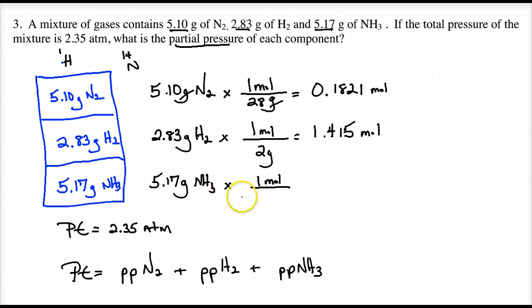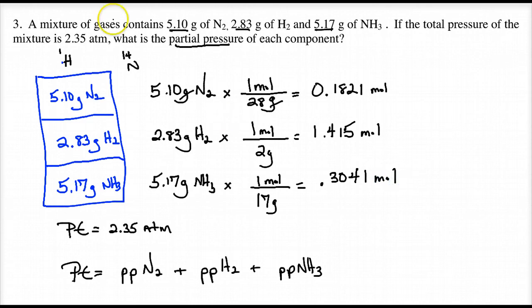Each one is 1, so 14 plus 3 is 17 grams per mole. So 5.17 divided by 17, and I get 0.3041, we'll call it, mole.